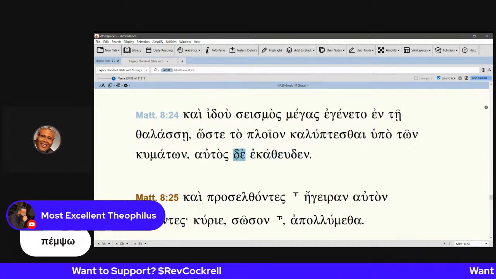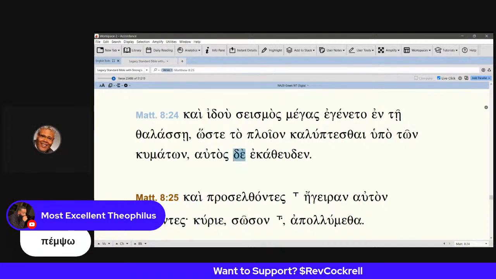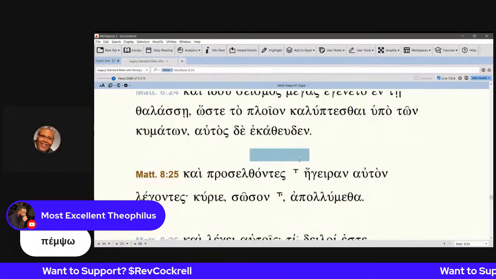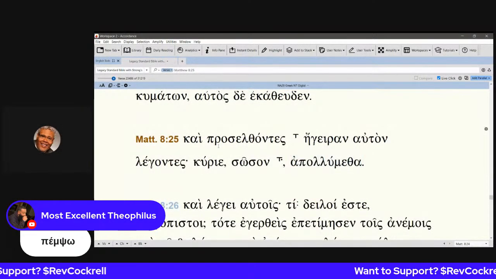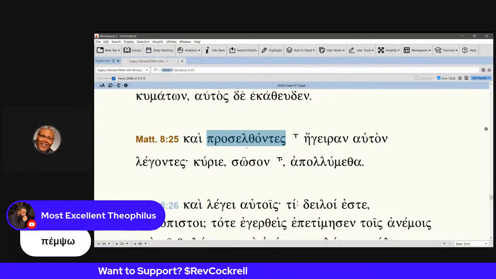But then it says, but he, Jesus, autos, what was Jesus doing? Jesus himself was asleep. Verse 25. Kai proselthontes. So they were coming to him. They're running to him. Jesus is asleep.